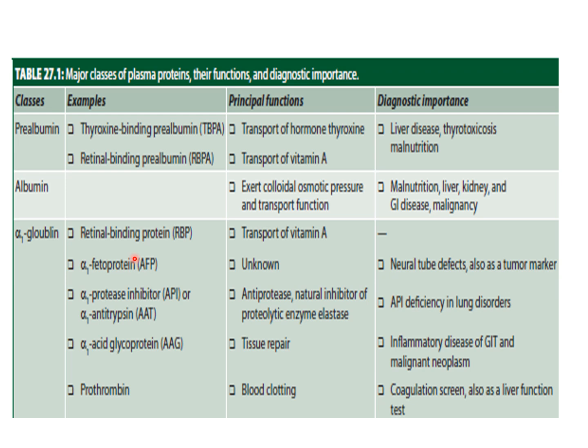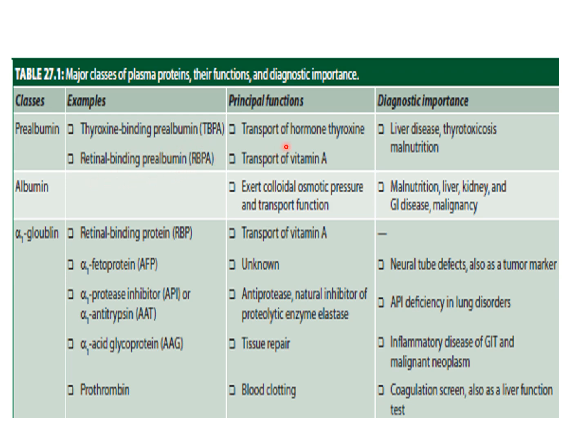These are the major classes of plasma protein, their function and diagnostic importance. In the pre-albumin category, two proteins come: the TBPA, that is thyroxine binding prealbumin, and retinol binding prealbumin.